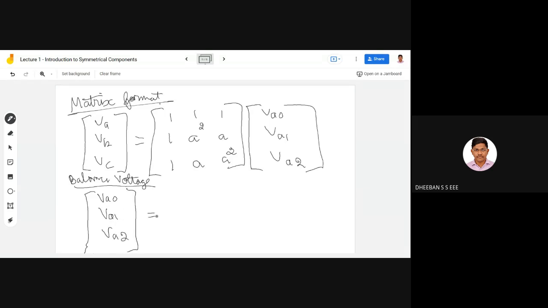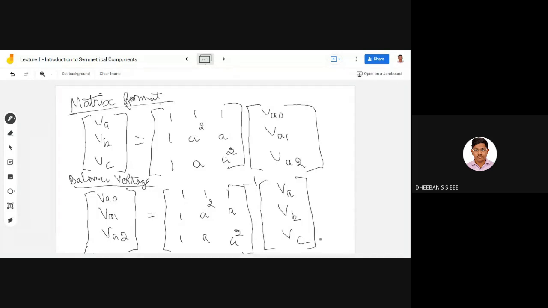This will be equal to, you have to bring this to this side, so it will be taking the inverse of 1 1 1, 1 a square a, 1 a a square, and then you have to take the inverse, into the unbalanced voltage VA, VB, VC.